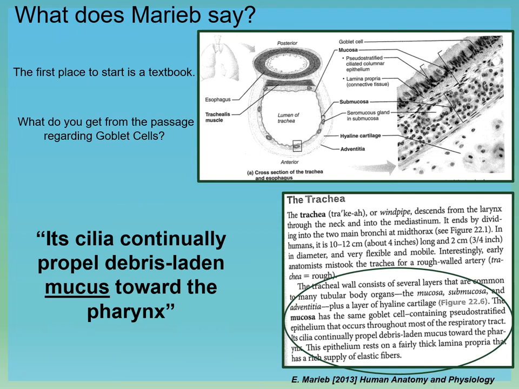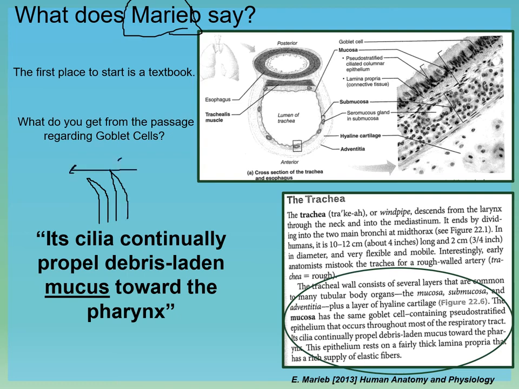So let's have a look. Here's a passage from Marieb, which is my favourite textbook in terms of human physiology. Marieb: its cilia continually propel debris-laden mucus towards the pharynx. So we know what cilia are. They're like fine hairs that beat in the same direction.